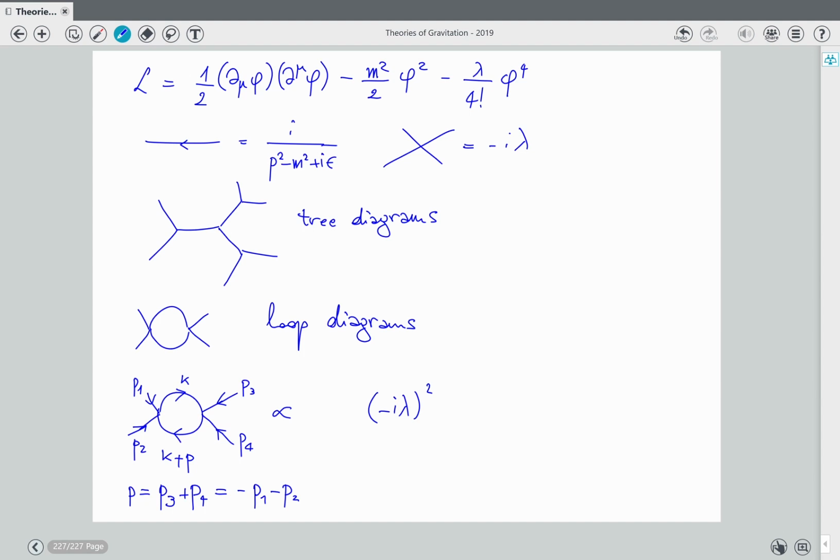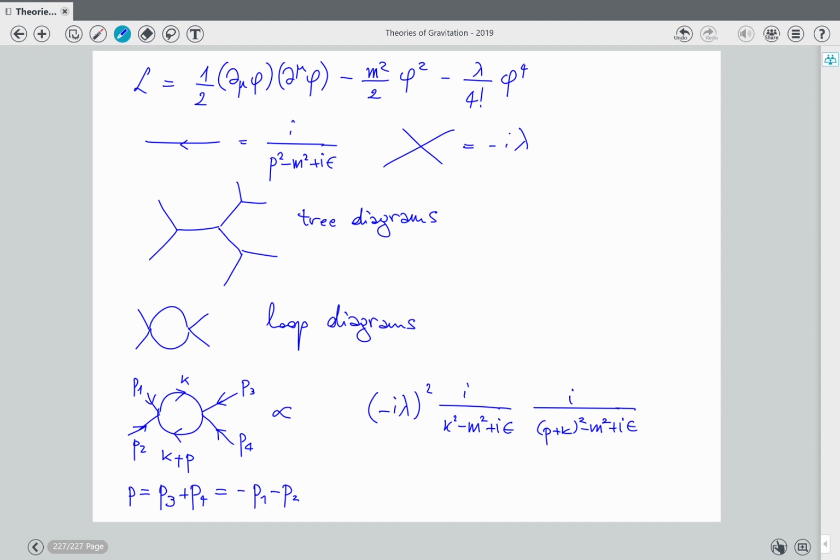You do not need, as we said earlier, the propagators for the external legs, because we can stick to the amputated diagrams. So the propagators of this leg and this leg are 1 divided by k squared minus m squared plus i epsilon, and 1 divided by (p plus k) squared minus m squared plus i epsilon.